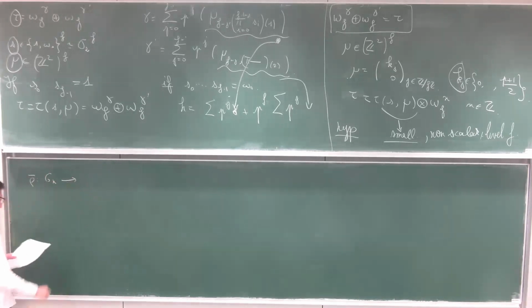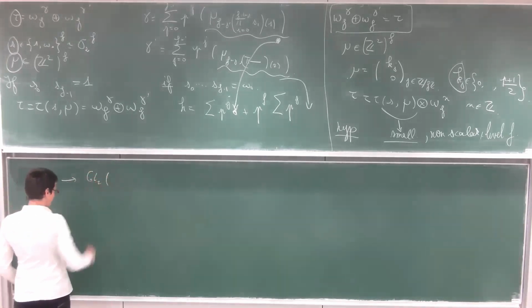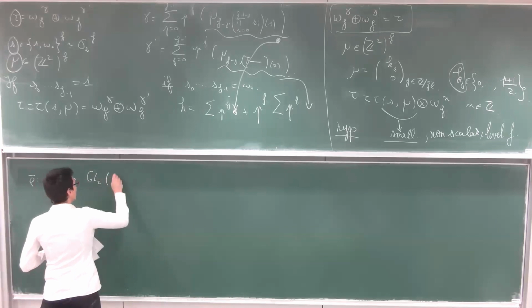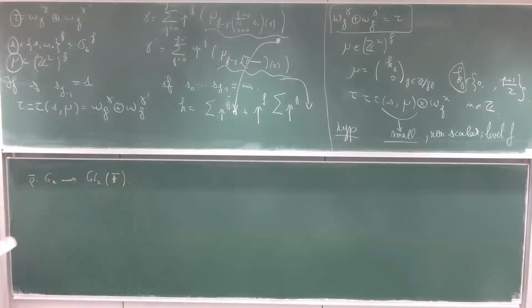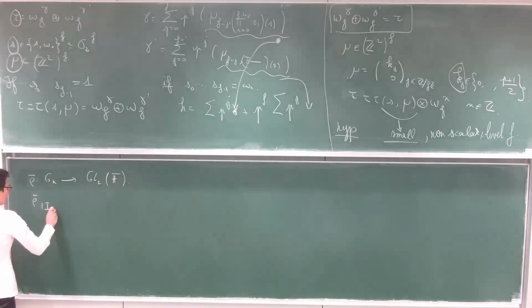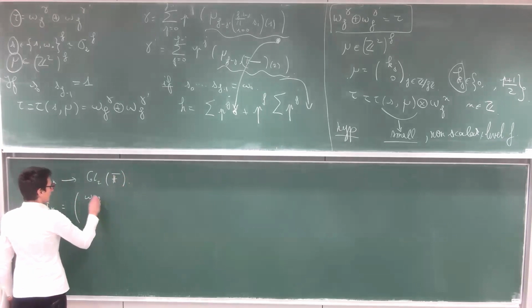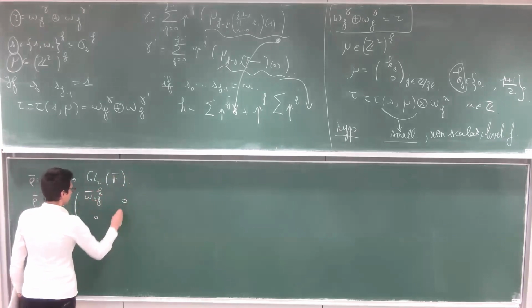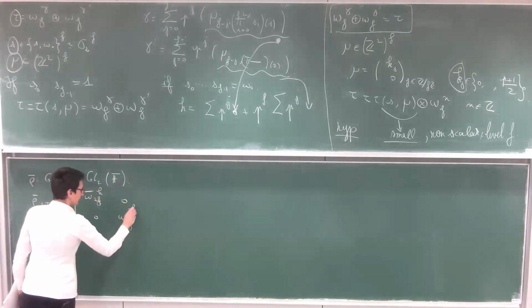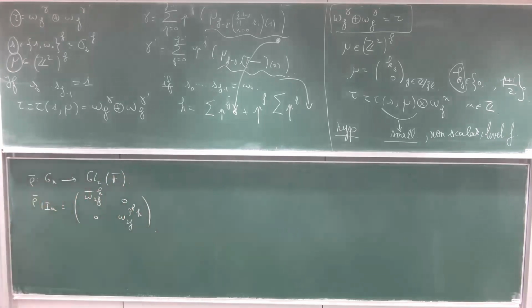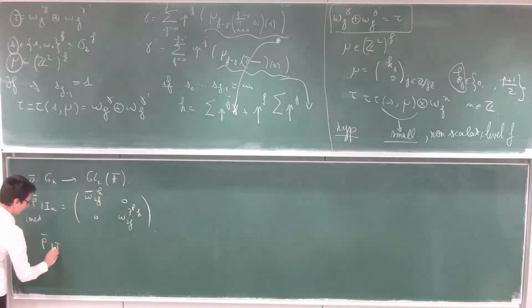This is a continuous homomorphism from GK to GL2 of F. This F is a residual field of E. So it means that if I restrict to inertia, I can rewrite rho bar as something like this, if rho bar is irreducible, or something like that.